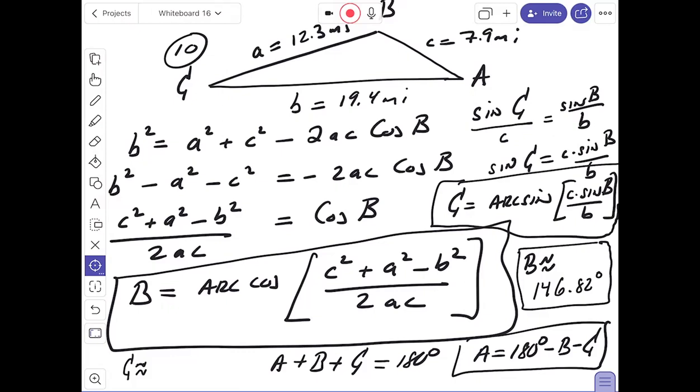Again, I'm using the exact values. Divided by lowercase b. And then I'm going to do arc sine. And I'm getting 12. And again, it's really hard for me to read my calculator, but it looks like I'm getting 12.88.